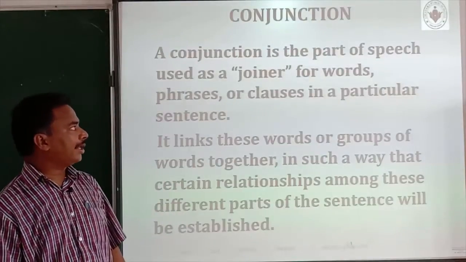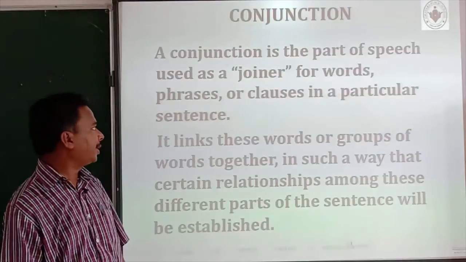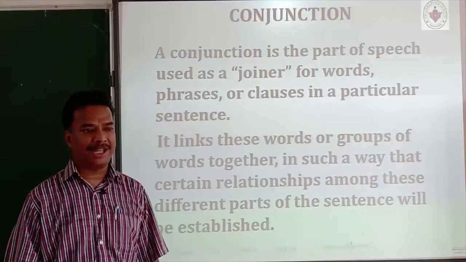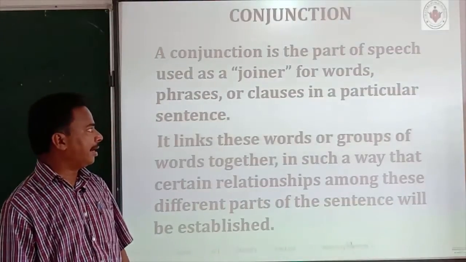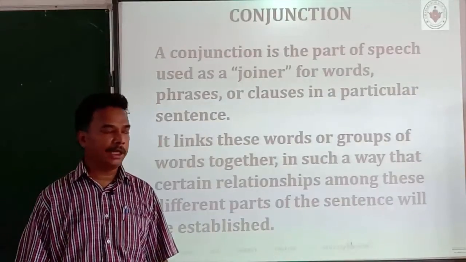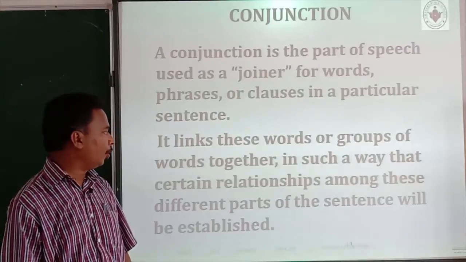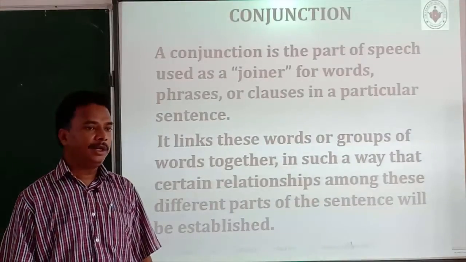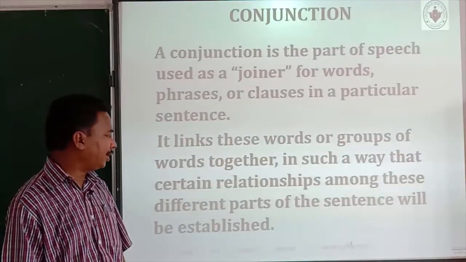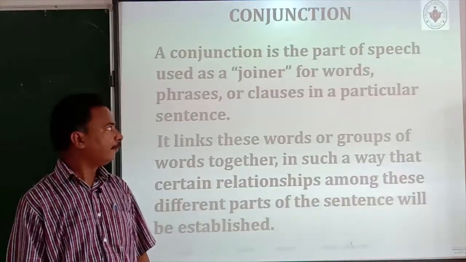A conjunction is the part of speech used as a joiner for words, phrases, or clauses in a particular sentence. It links these words or groups of words together in such a way that certain relationships among these different parts of the sentence will be established.